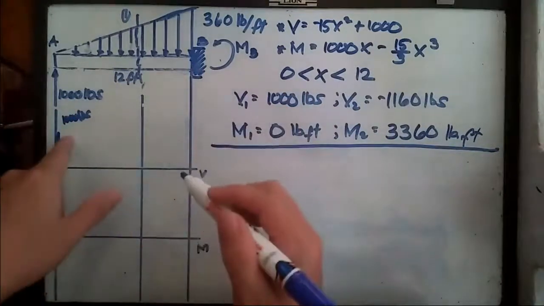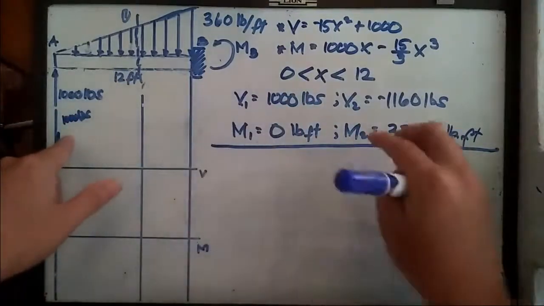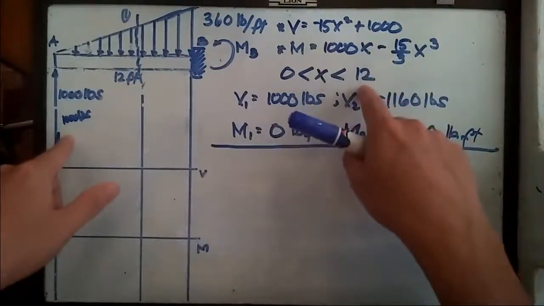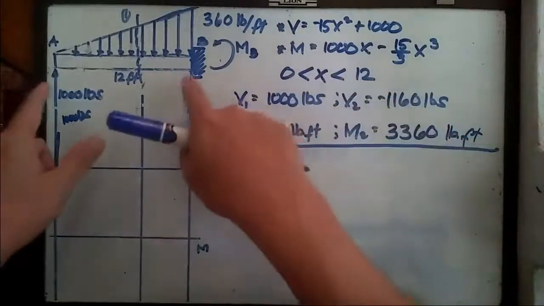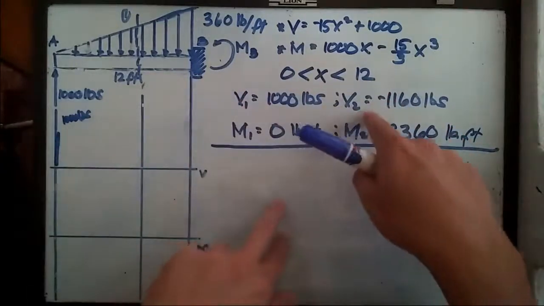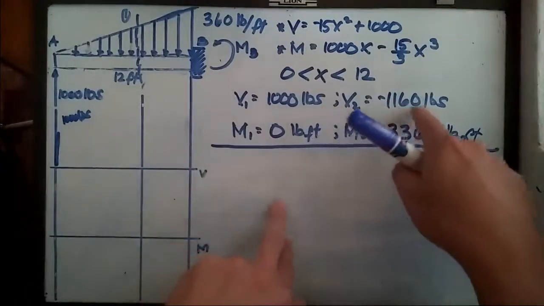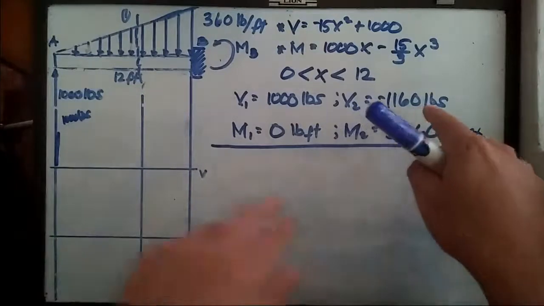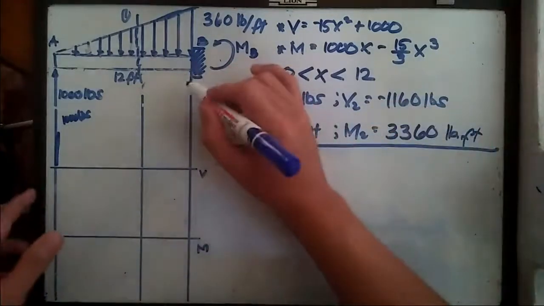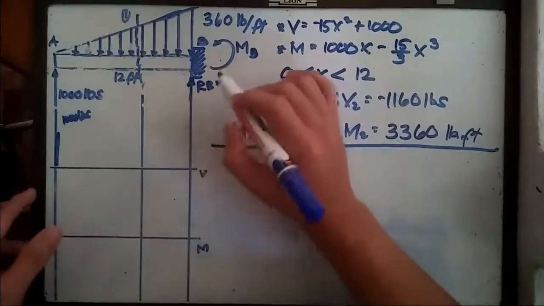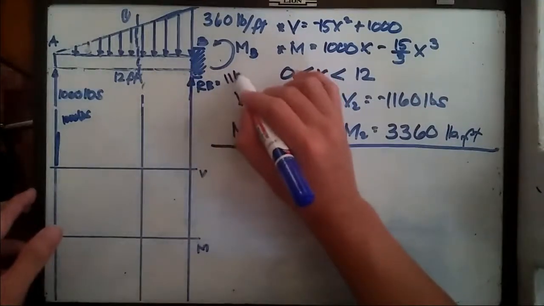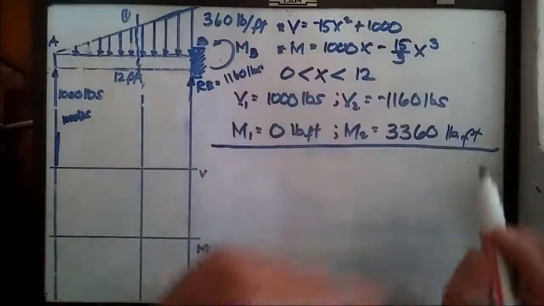So if we rise up 1000 pounds and replace it by 12, it means that at a distance less than 12 feet, the shear force is equivalent to negative 1160 pounds. If you can remember, we have here a reaction R sub B equivalent to 1160 pounds going upward.